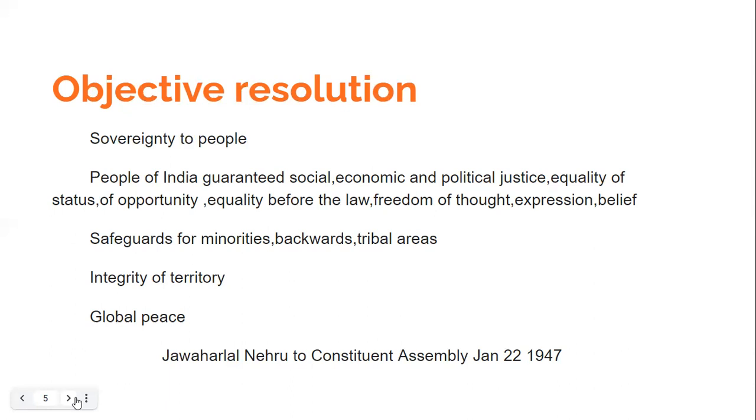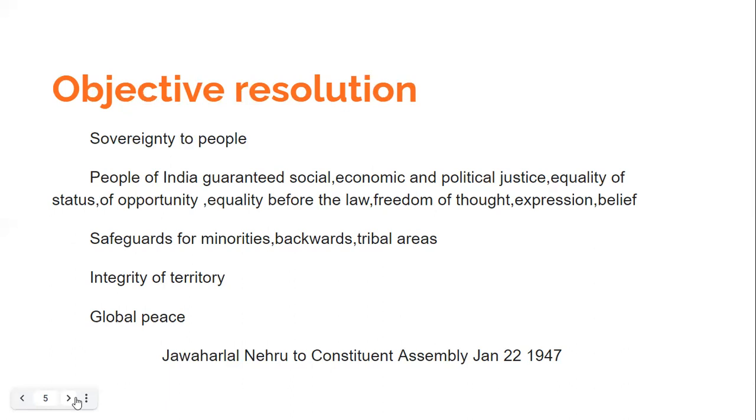Then the integrity of the territory, because you know that it was a time when the princes wanted to separate themselves from India. There were some areas like Hyderabad and Jammu and Kashmir, where the territorial integrity was at stake. And hence the focus was to maintain the integrity of the territory. So that was also one of the aims of the Indian Constitution, that we need to be united as a country.